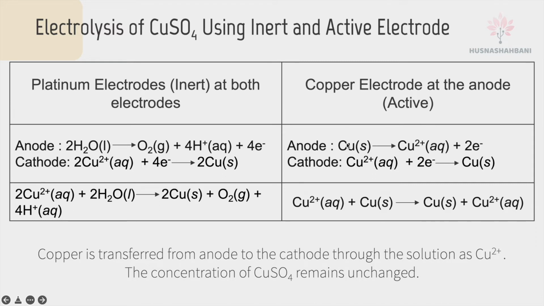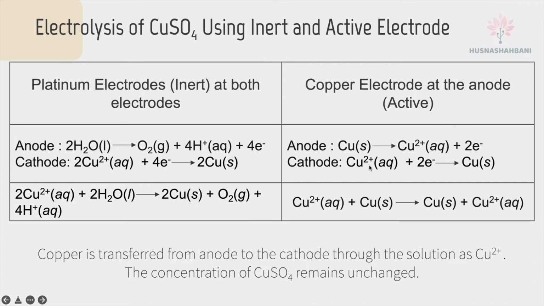When you compare the electrode potential value of water and copper, water has the more negative value. We're supposed to choose water at the anode, but we are using an active electrode which is the same as the electrolyte. So we don't choose water, we choose that active electrode. So that active electrode will undergo oxidation at the anode.